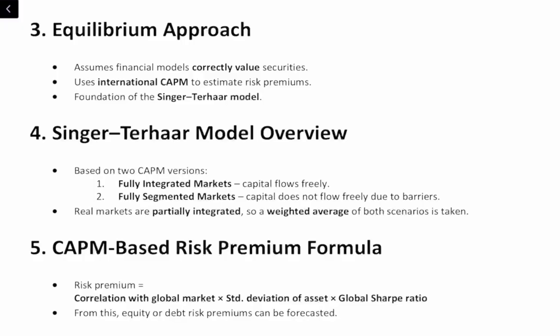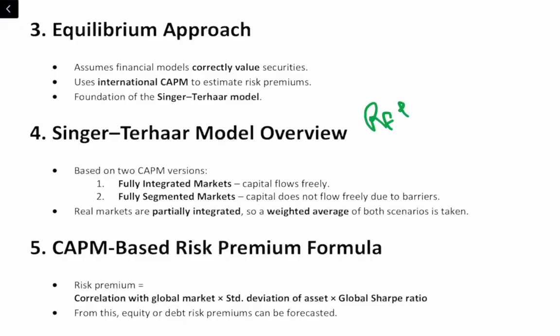So how are you going to understand that and how are you going to incorporate that? Clear? So I have assumed the financial model correctly, and it is going to give me the correct value for the securities. Clear? One model which we have studied before in the portfolio section, CAPM, is actually used to estimate the risk premium. You remember?